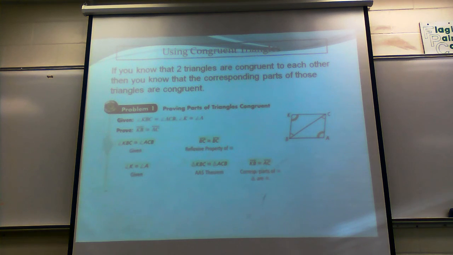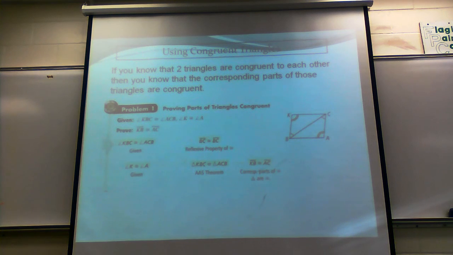That's it. The reason this comes up is because what you did the past couple days, with just saying 2 triangles are congruent, you didn't necessarily pair up all 3 sides and all 3 angles at the same time.